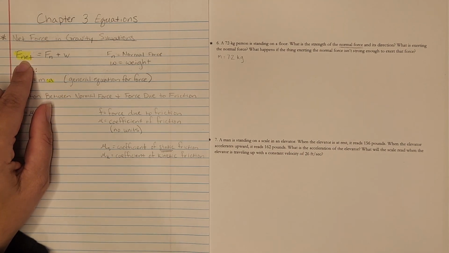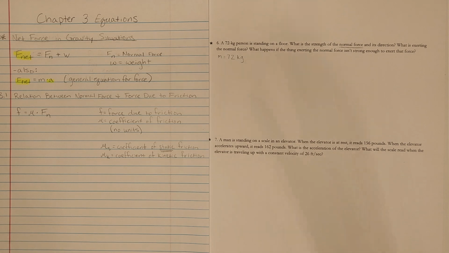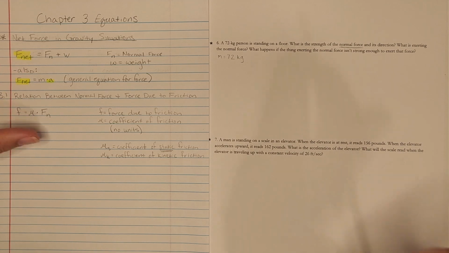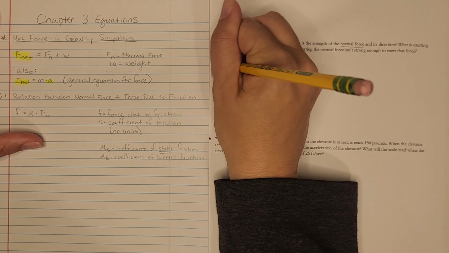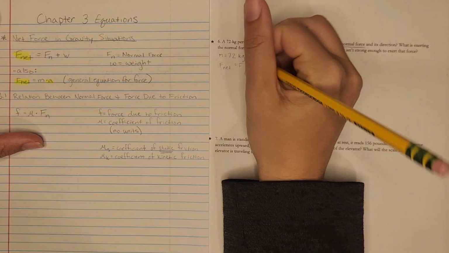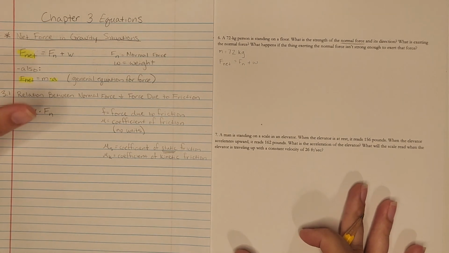There's no other acceleration going on, and so this net force is 0. That's kind of given to us, but we have to use the clues in the type of problem it is. So the formula I'm using is F net equals the normal force plus the weight.